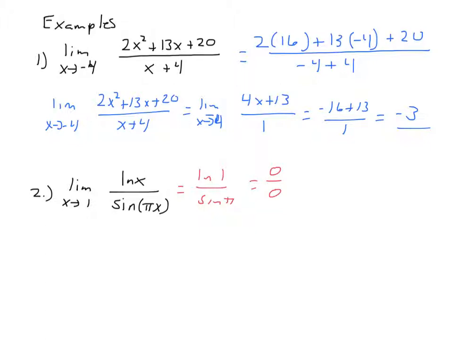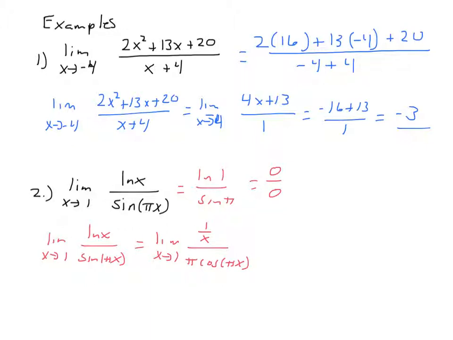So this limit as x approaches 1 of the natural log of x over the sine of pi x is going to equal the limit as x approaches 1 of the derivative of natural log, which is 1 over x, over the derivative of sine of pi x, which is pi times cosine pi x.